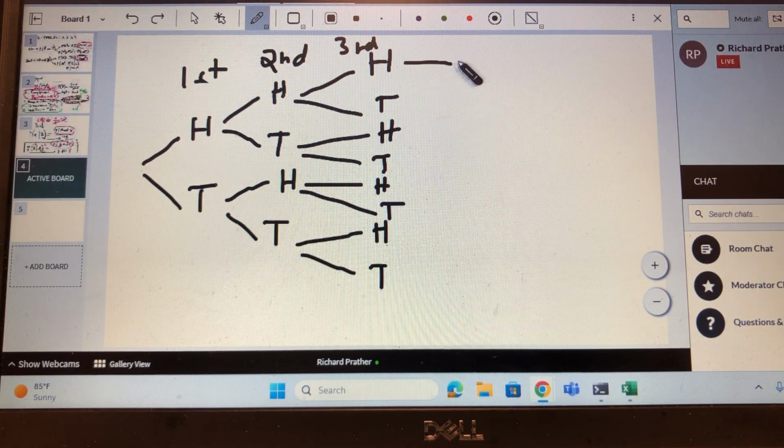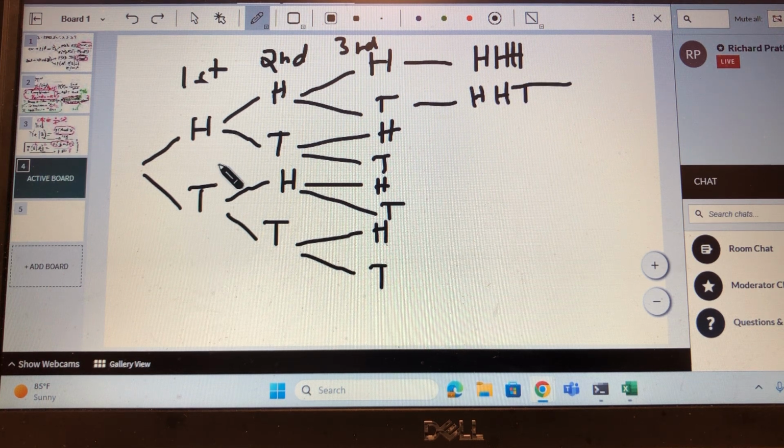So one possibility is heads, heads, heads. Another one is heads, heads, tails. Then I can come here and go heads, tails, heads. Heads, tails, tails.